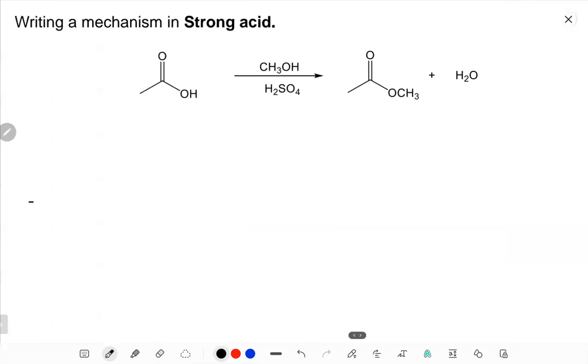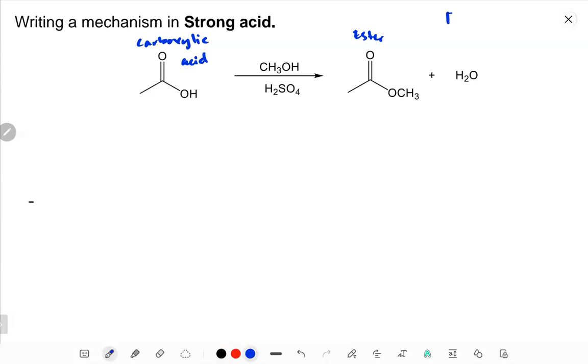But how about if the condition is strongly acidic? Just like, for example, in this reaction, wherein you have a carboxylic acid, and you end up getting an ester. This is a familiar reaction.